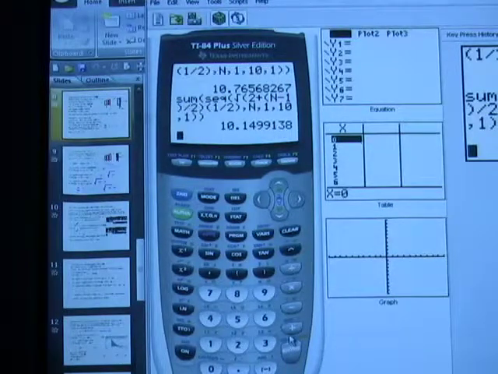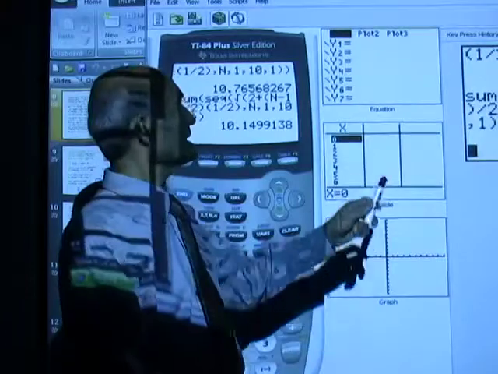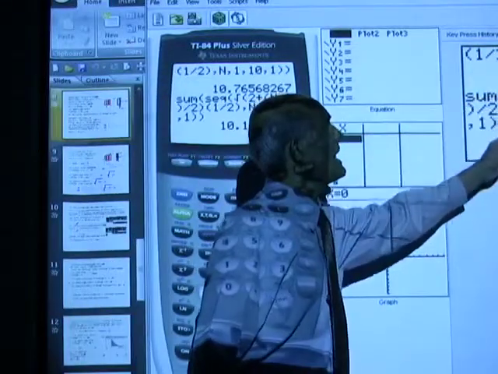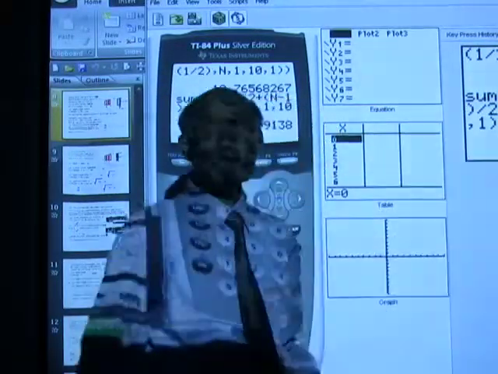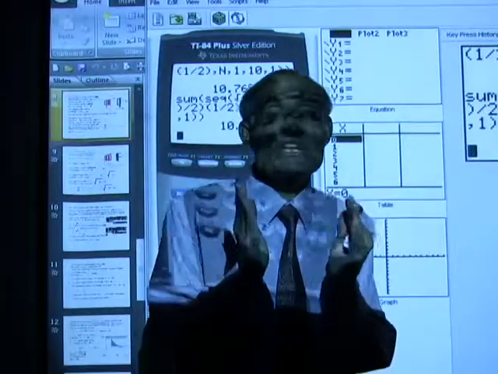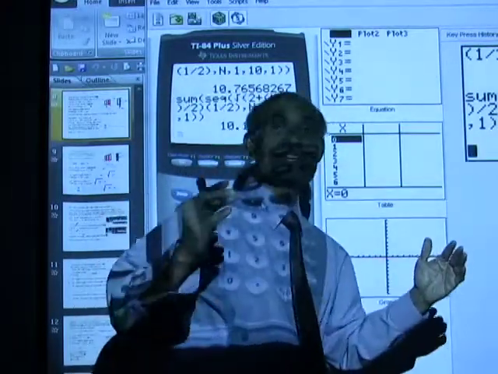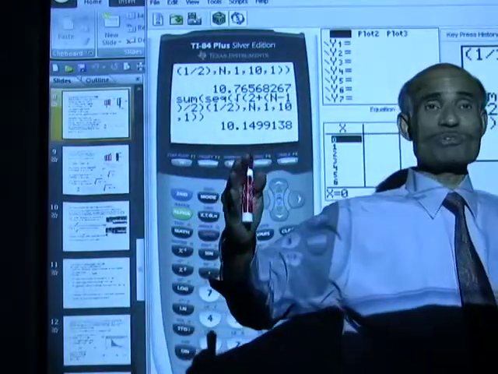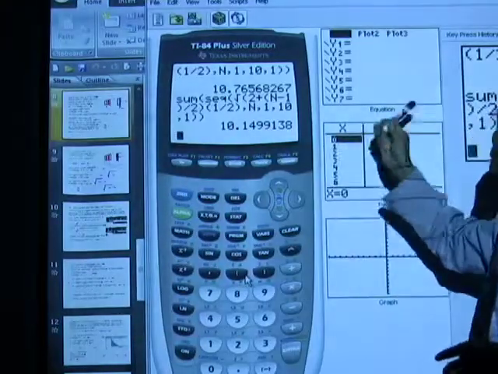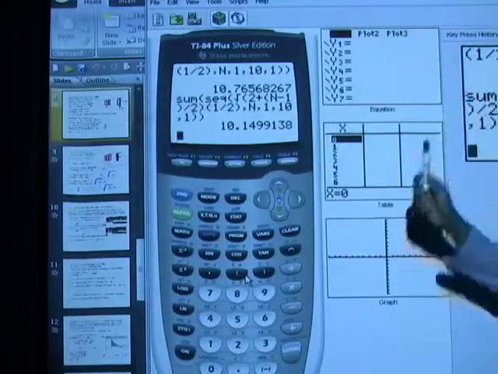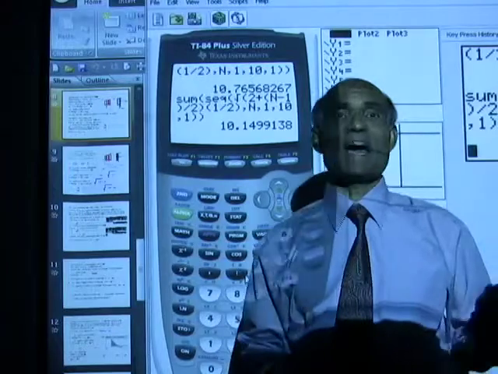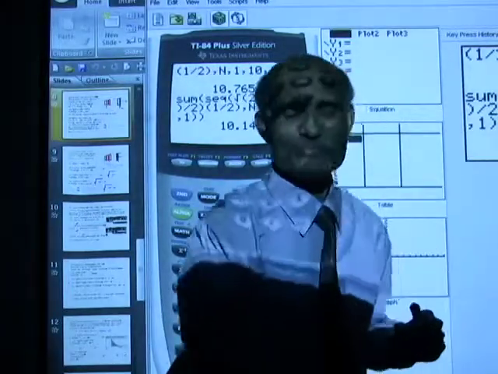And enter, you get 10.1499. So you've got the right area and the left area. You can now see the values are getting a little closer because we took more rectangles. So the actual area will be approximately the average of these two.